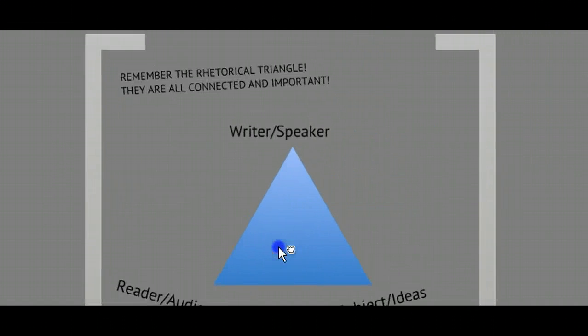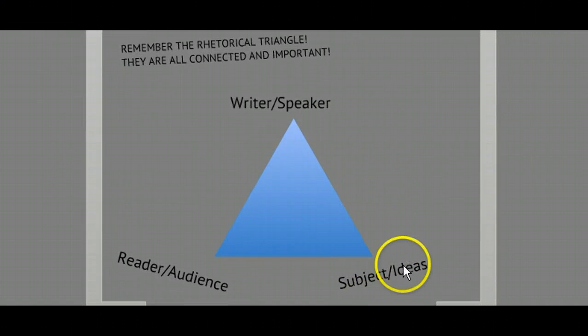So, where you're used to maybe writing about this in an analysis, now we're asking you to analyze the interaction going on between the speaker and the audience. How are the techniques that the writer or speaker is using affecting the specific audience that they're writing to?